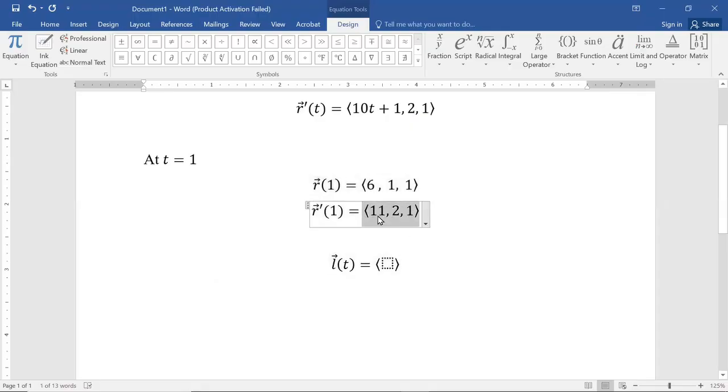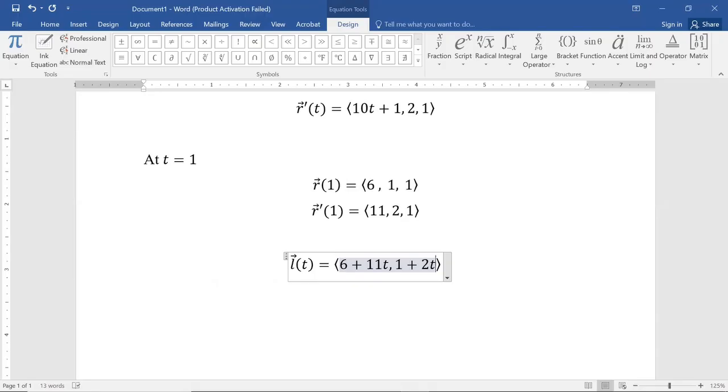So 6 plus 11t for my first component, 1 plus 2t for my second component, and 1 plus 1t for my third component.